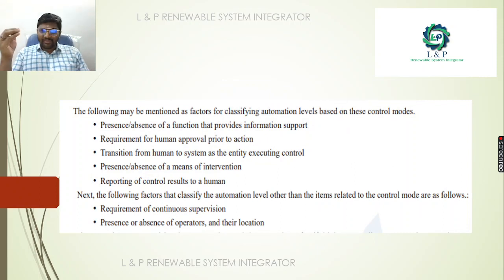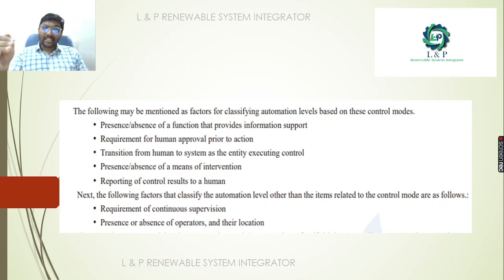So as we mentioned earlier, there are certain factors based on which we are classifying the automation levels, mainly based on these control modes. One is the presence or absence of the function that provides information support, requirement of a human approval prior to action, transition from human to system as an entity executing the control, presence or absence of means of intervention, and reporting of control results to a human.